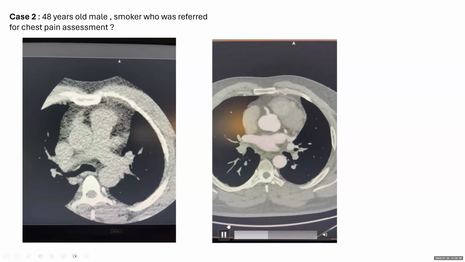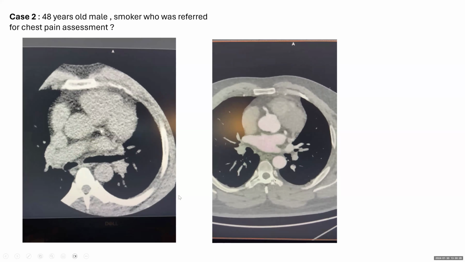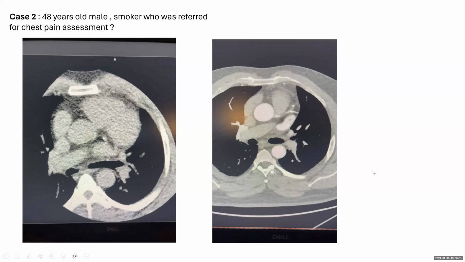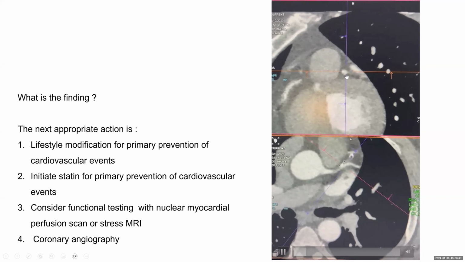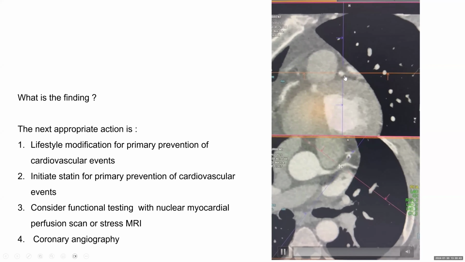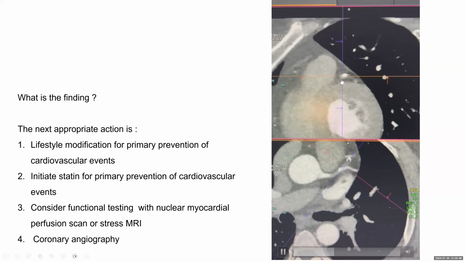So as we will see in the next slide, using the multiplanar reconstruction of the vessels, we can see that there is this lesion. Look at the cross-section of the LAD in the mid LAD.